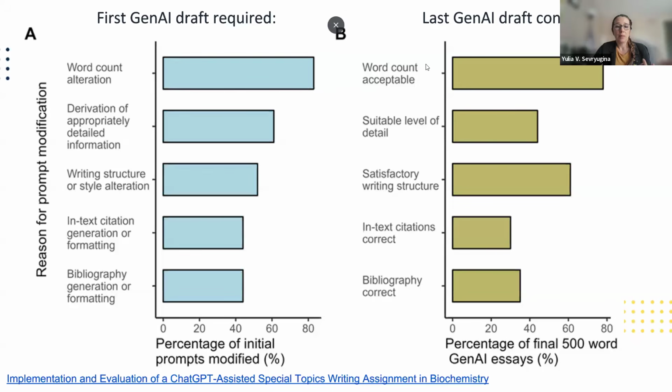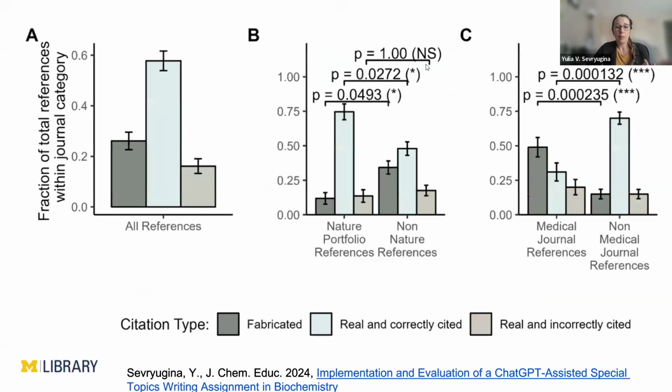And a little bit more about bibliography. We have now submitted another paper, also in the Journal of Chemical Education. It's under review now. But what it showed us, we basically analyzed all the references that were generated by the different tools that students were using.